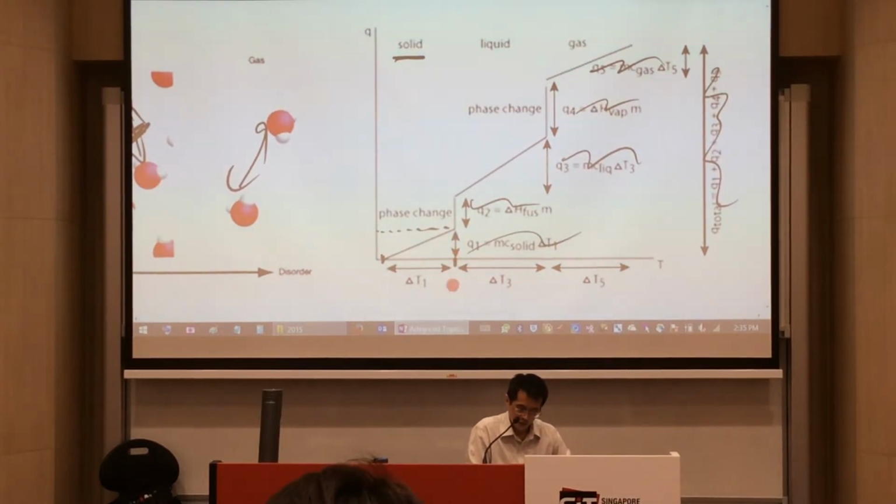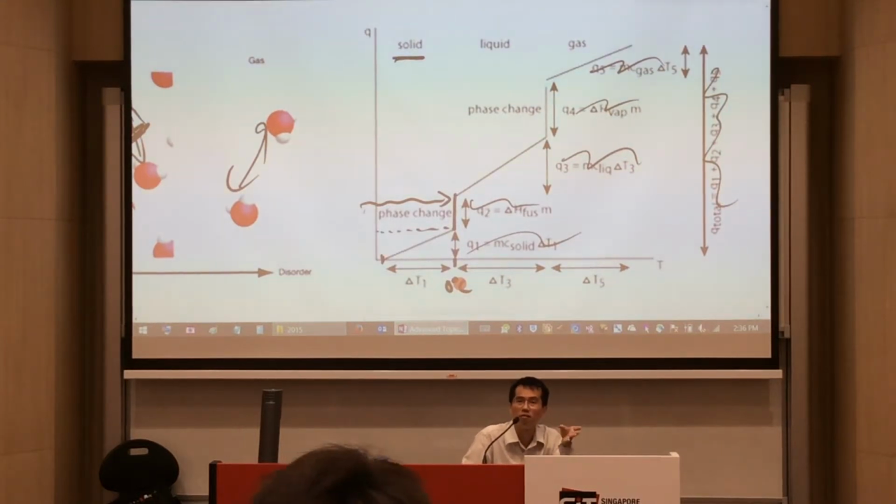At this point, where it's 0 degrees Celsius, you find that the amount of energy that you put in doesn't change the temperature at all. So this part over here tells us that there's a phase change. The energy that you put in at 0 degrees Celsius doesn't change the temperature at all.